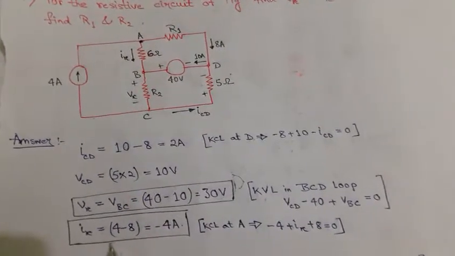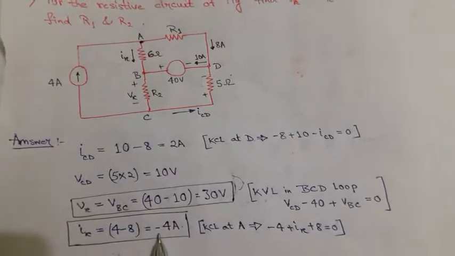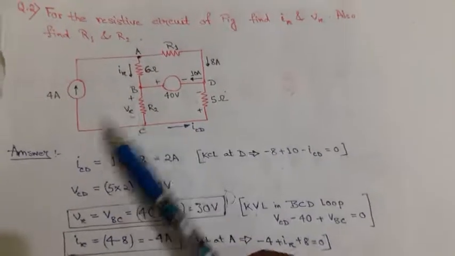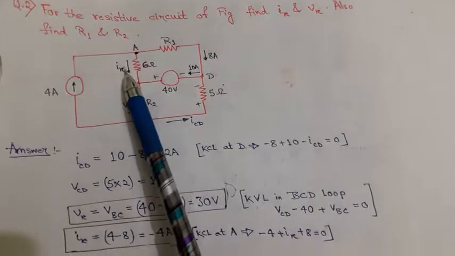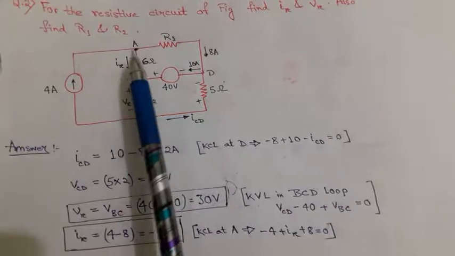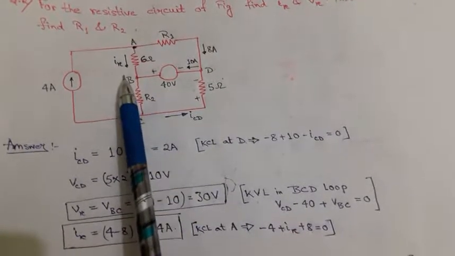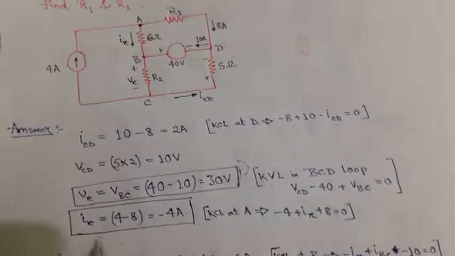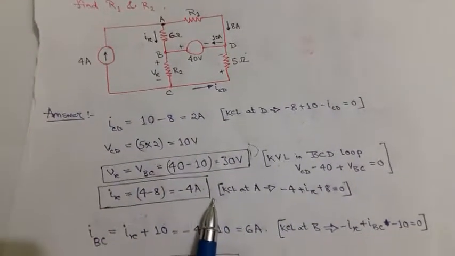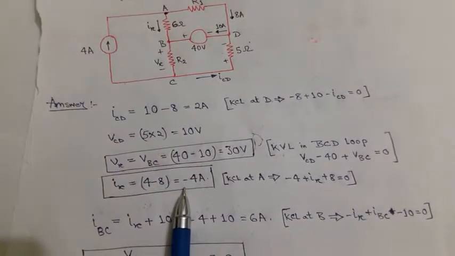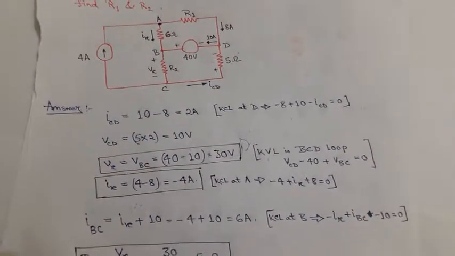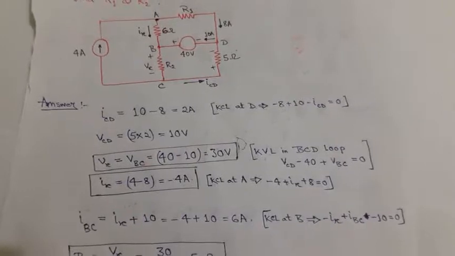So Ix is equal to 4 minus 8 is equal to minus 4 ampere. That means this current is not leaving the node, it is entering the node. As I have taken this Ix current as leaving the node, that is why Ix is equal to minus 4 ampere. The minus sign is for the current direction being opposite to the one assumed.